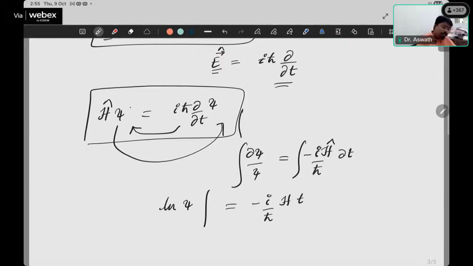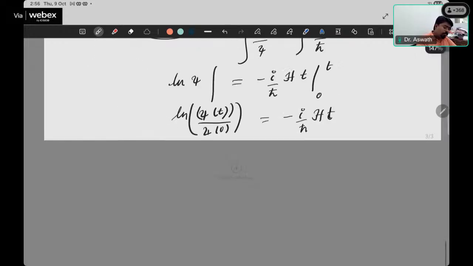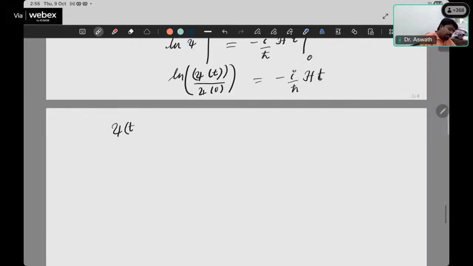I have the integration of dt, which gives t. Integrating from 0 to some time t, I get ln of psi of t minus ln of psi of 0 on the left, and minus i by h-bar H times t on the right. Now send the log to the right side, and I get psi of t equals exponential of minus i by h-bar H t multiplied by psi of 0.